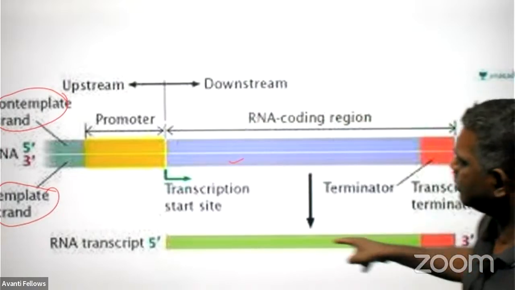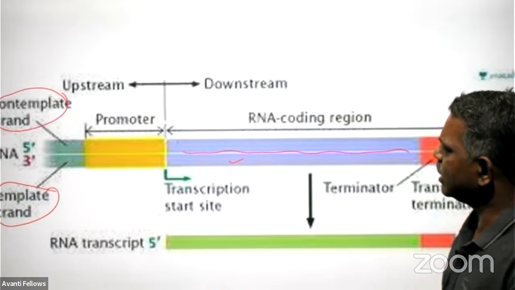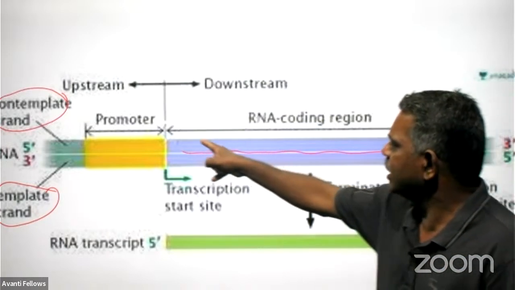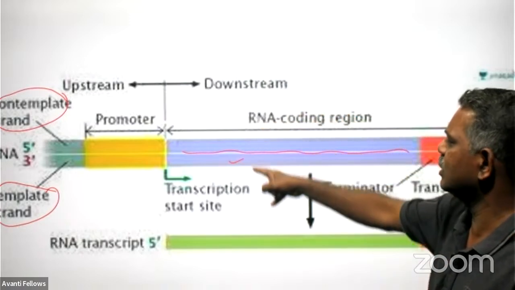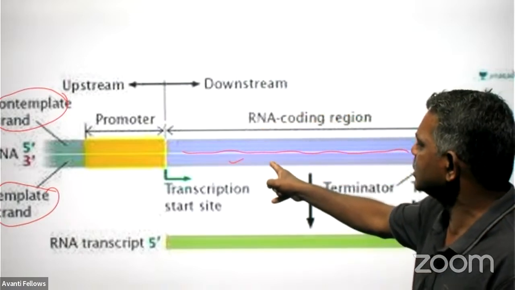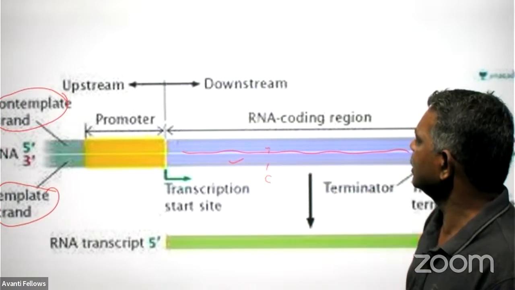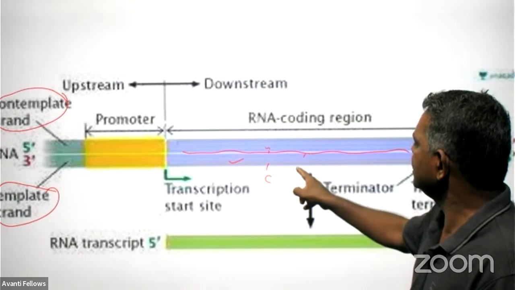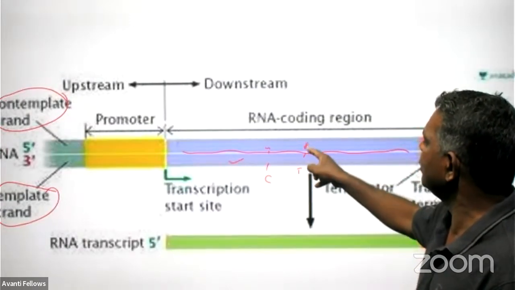The chemical nature of the RNA synthesized here in between these two strands depends on the nitrogenous base sequence in the template strand only. This is the template strand. Suppose here it is a C, here G will be there. And if it is T, naturally here A will be there.